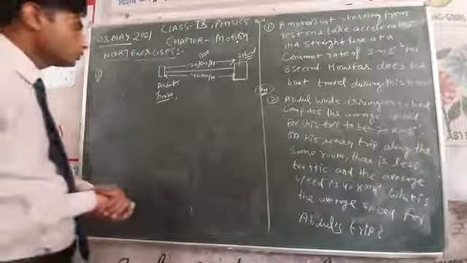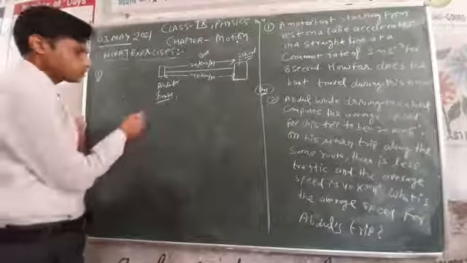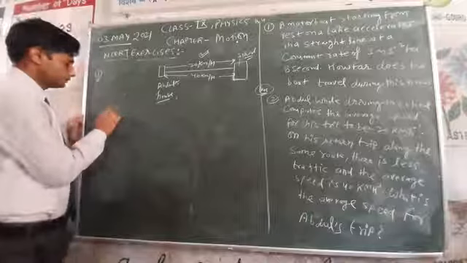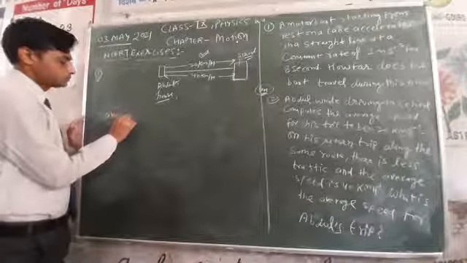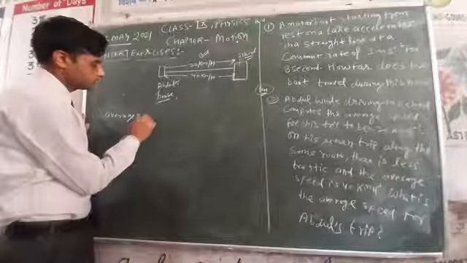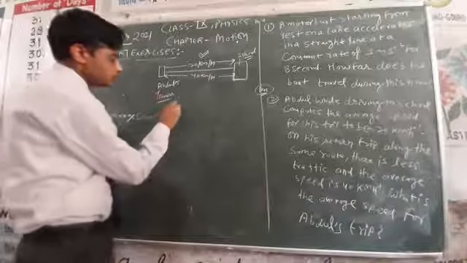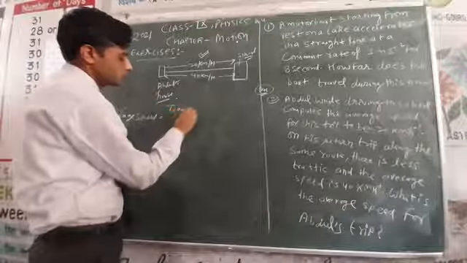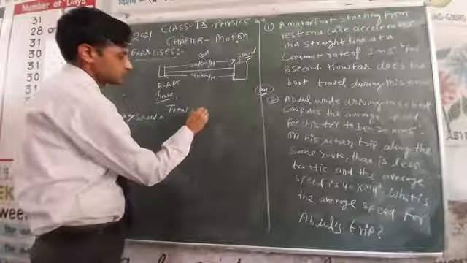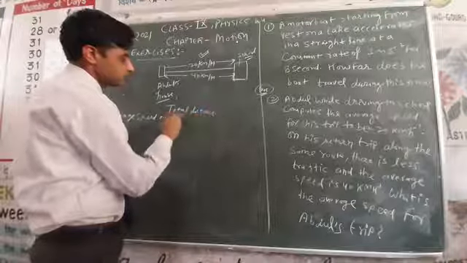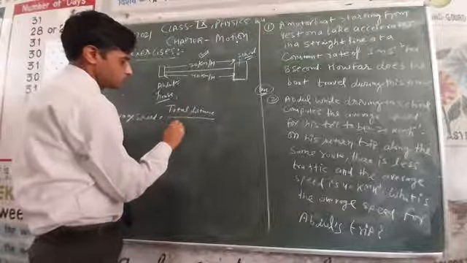As you know, the formula for average speed is equal to total distance upon total time.